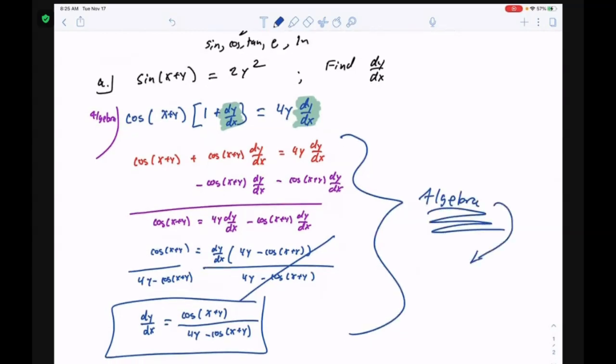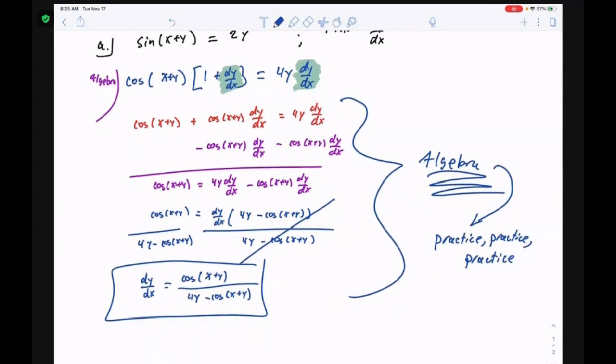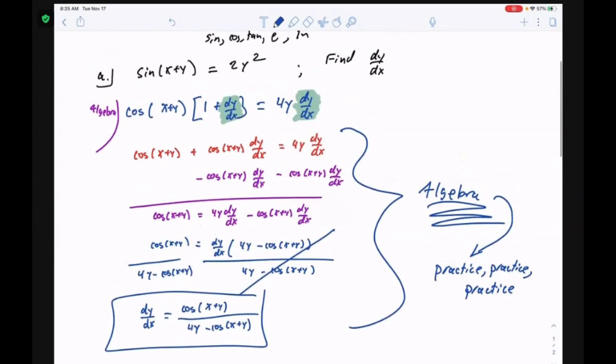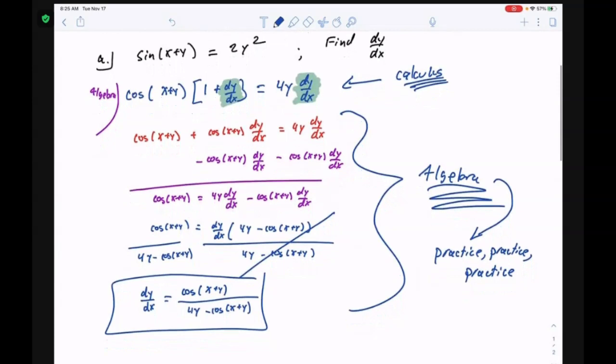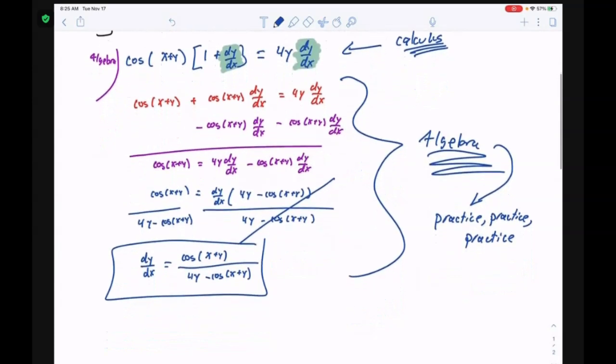And that comes through practice, practice, and more practice. All right? That was the only calculus that was done on this entire problem, and everything else was algebra.